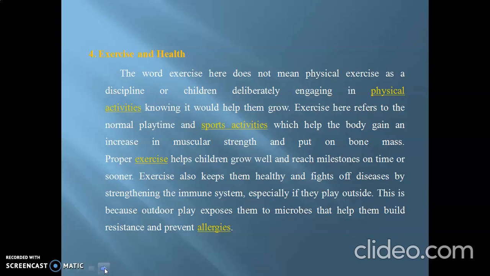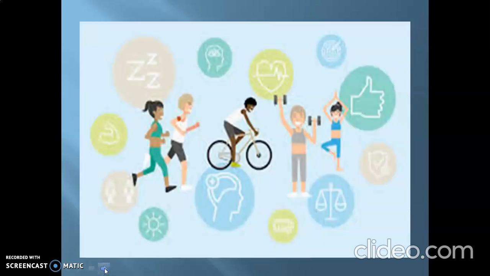This is because outdoor play exposes them to microbes that help them build resistance and prevent allergies. Example picture.